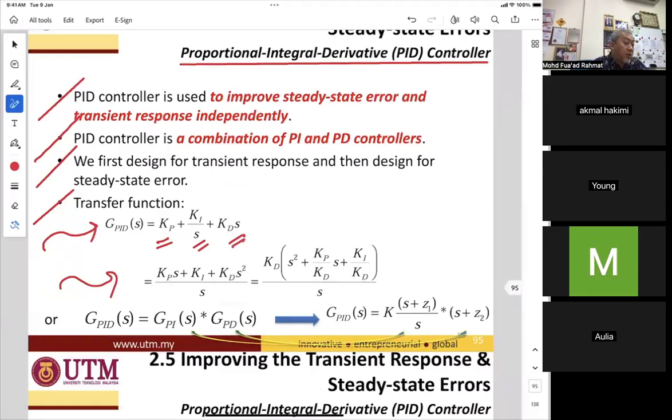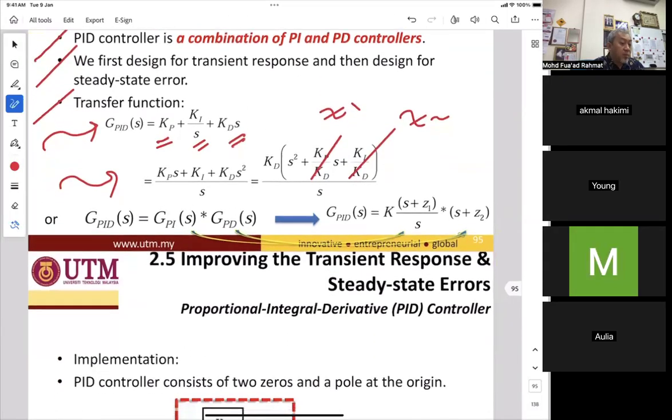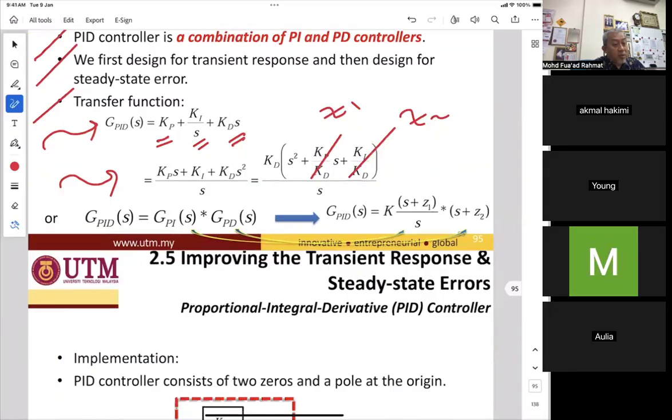Then we simplify by factorizing: Kd becomes the common factor, multiplied by s squared plus Kp over Kd s plus Ki over Kd. We can see these as the zeros z1 and z2, which is the ratio for the system. So it becomes G_PID equal to K (s plus z1)(s plus z2) over s.